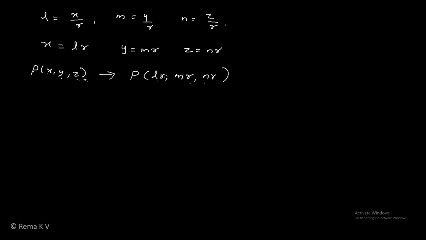See, this number L r is proportional to the direction cosine L. We can write this as L r by L, which is equal to r, M r by M, which is equal to r, and N r by N is equal to r.